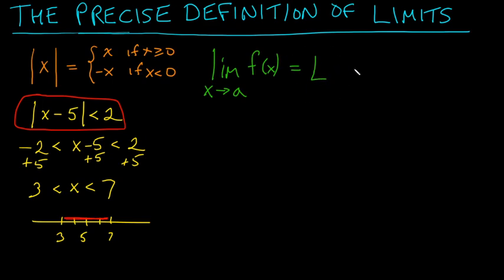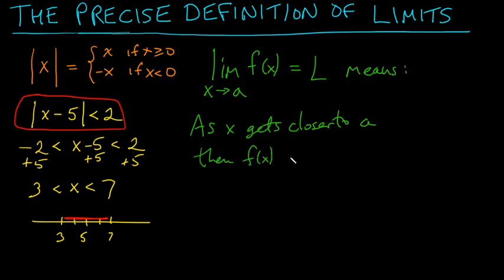And remember what this means: as x gets closer to the number a, then f of x gets closer to the number L. We can just as well say as x approaches a, then f of x approaches L. And by approaching, we just mean we're getting closer and closer.